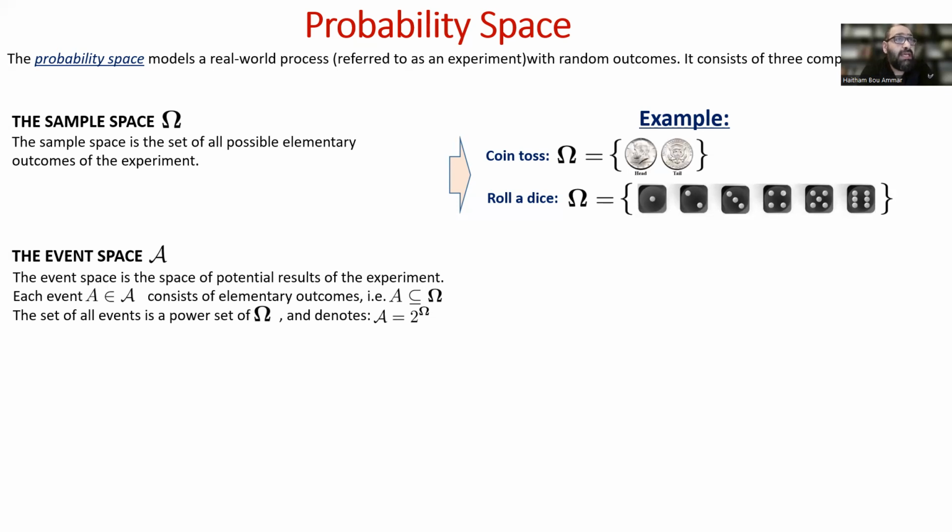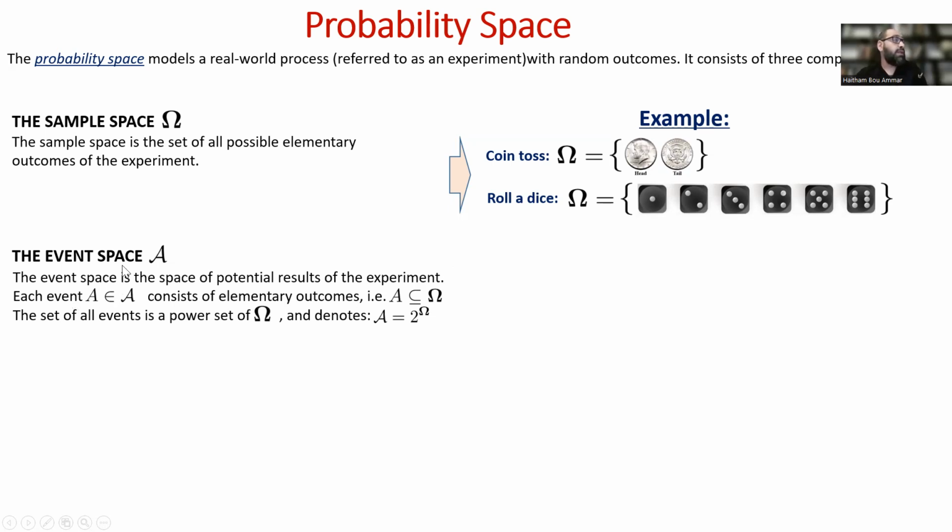So we have introduced the sample space, which is the space of all possible outcomes, and now we talk about the event space, mathcal A, this tilted A, which is the space of the results that you would get from the experiment. That's the space of all the possible results you would get from this experiment.